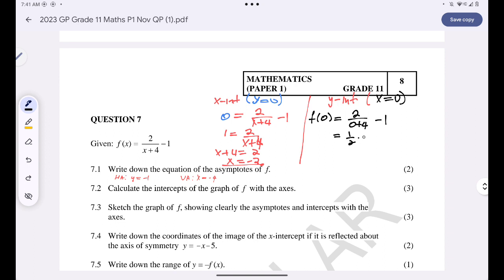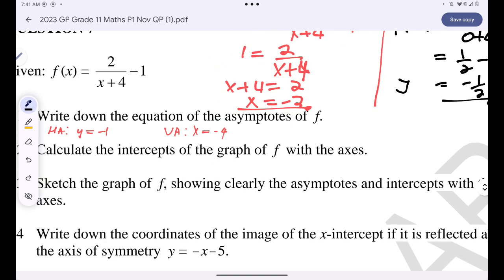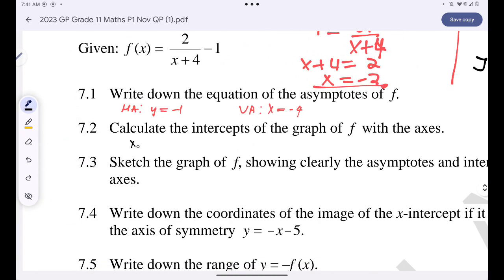This is 1 over 2 minus 1, -1 over 2. So these are my x and y intercepts. For the x-intercept, x is equal to -2, and for the y-intercept, y is equal to -0.5.